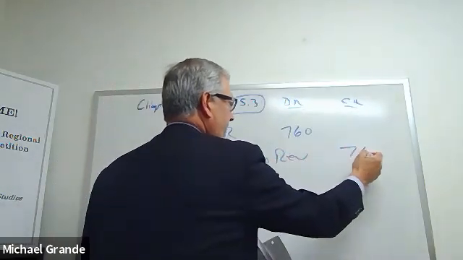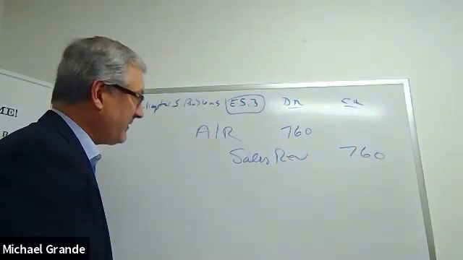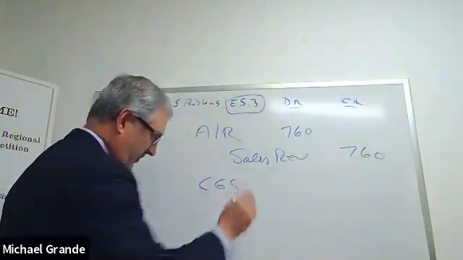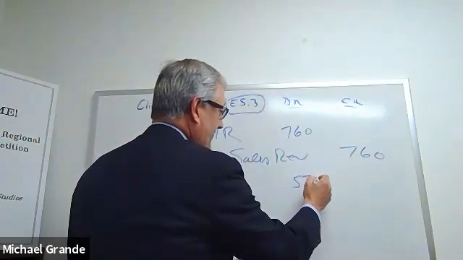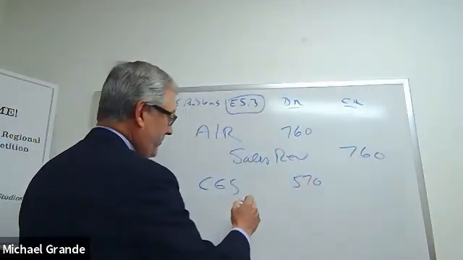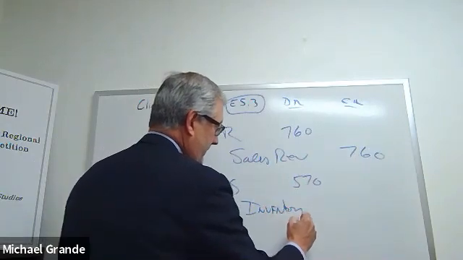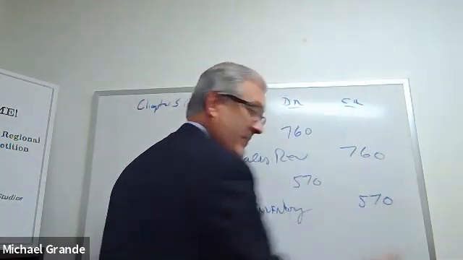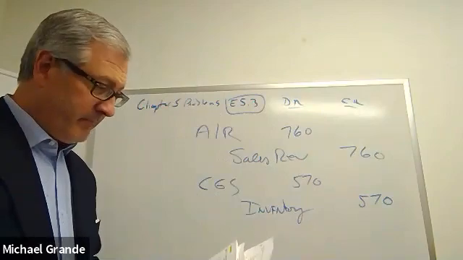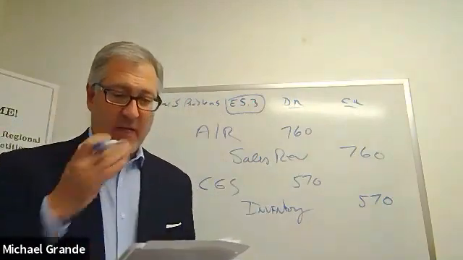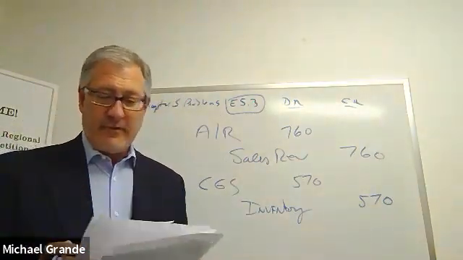Sales revenue 760, and then the cost of the sale, CGS, cost of goods sold, 570, and a credit to inventory comes out of inventory, the asset, for 570. Okay, so that was exercise 5-3.